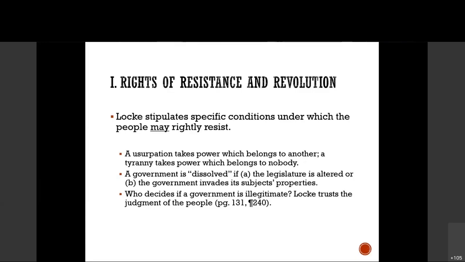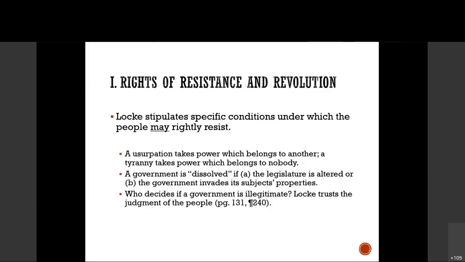Locke has not got a theory that there's a special branch of government which uses judgment. Judgment stretches throughout the government in the usage of all political power, and judgment also extends into the people themselves, who have the final say, the final judgment over whether that political power is being rightly used.